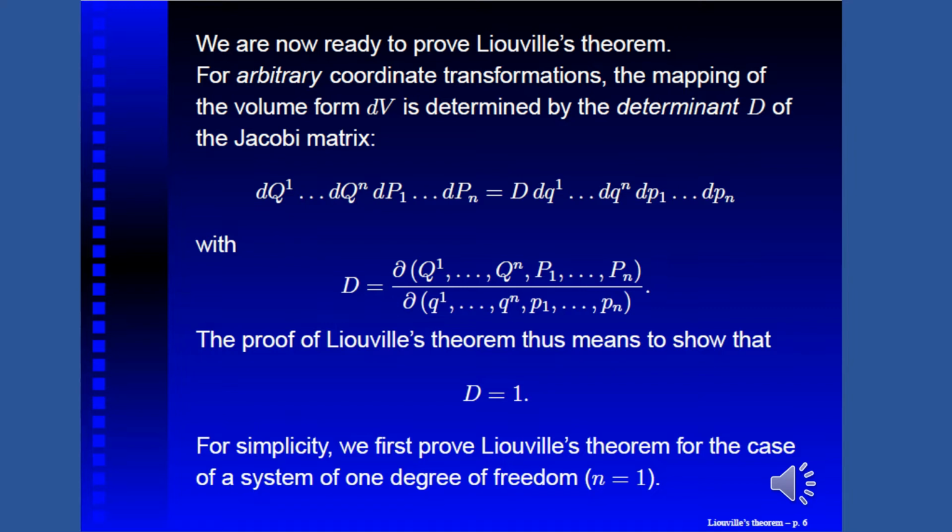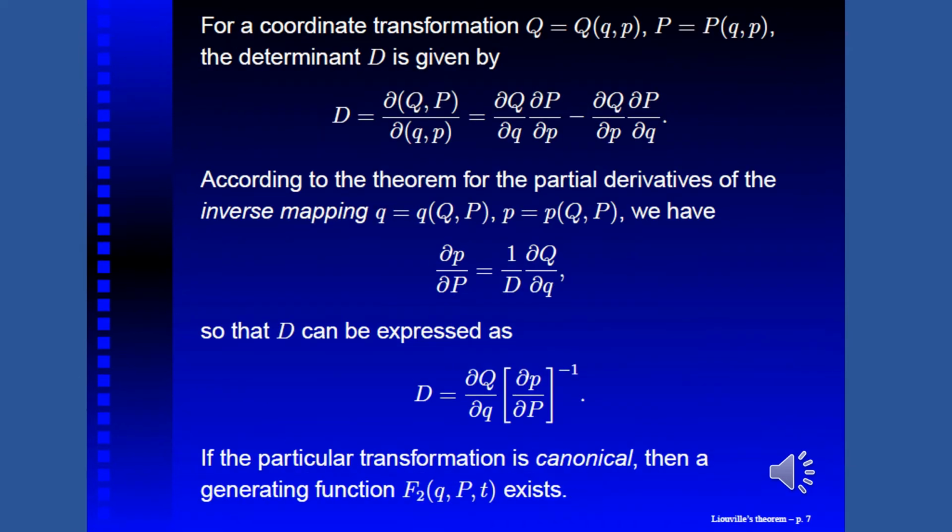The proof of Liouville's theorem thus means to show that the Jacobi determinant capital D is equal to 1. For simplicity, we prove Liouville's theorem for the case of a system of 1 degree of freedom, that is n is equal to 1. For the coordinate transformation, capital Q is equal to capital Q of (q, p) and capital P is equal to capital P of (q, p).